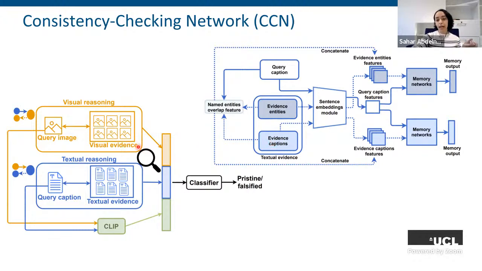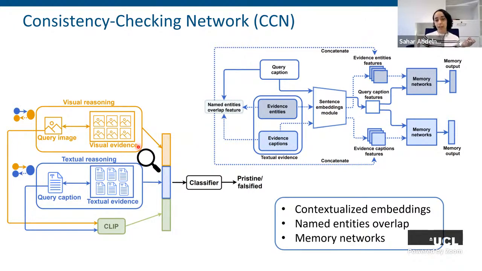And we also here have similar ideas that we want to have strong representations of the language. And therefore, in this sentence embedding module, we utilize pre-trained contextualized embeddings like BERT, or we also experimented with transformer models that were trained on the sentence similarity task.